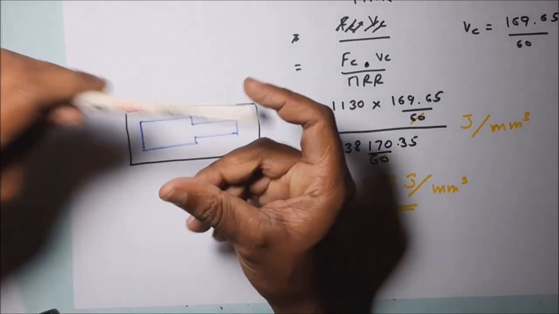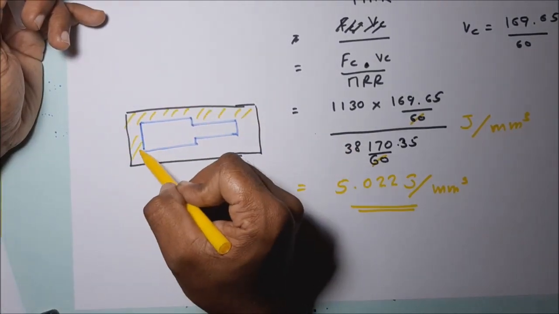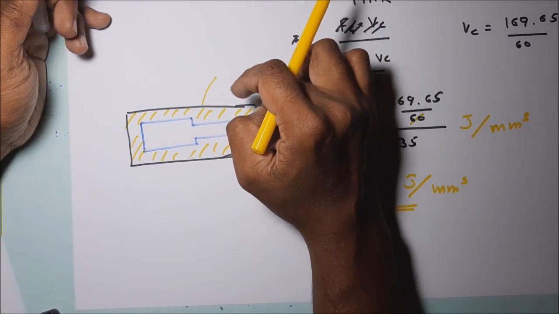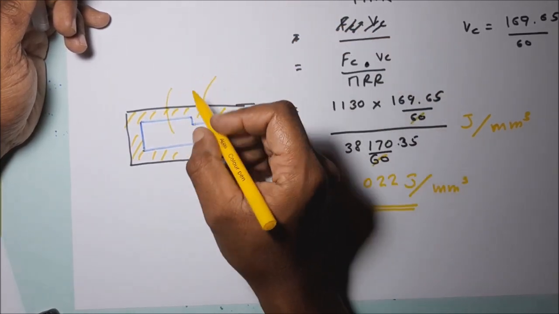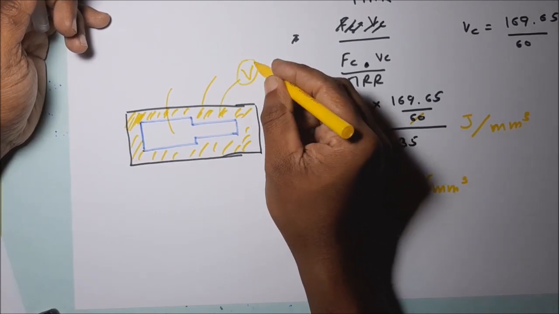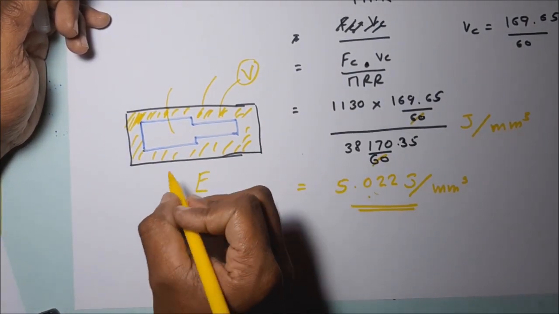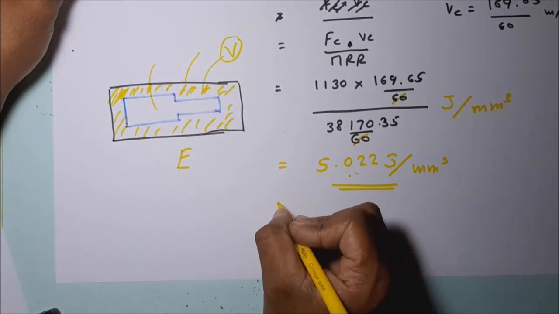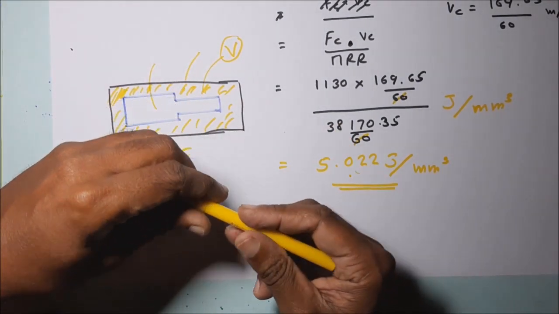That means we have to remove all of this material. We know the initial dimensions of the workpiece, and we know the dimensions of the final geometry, so we can calculate this volume. If we know this volume and this value, we can directly estimate the total energy to manufacture this component. That is why we are calculating the specific energy of material removal.